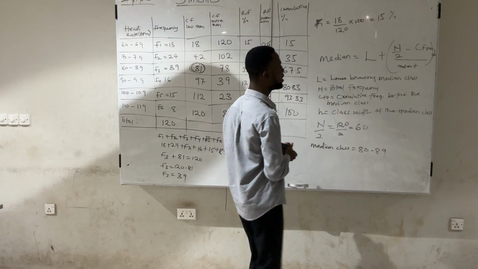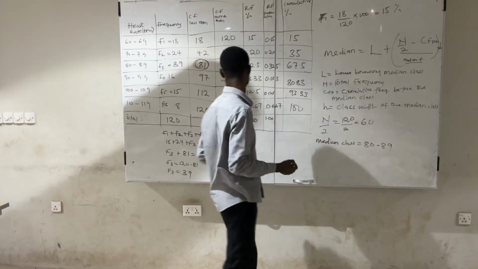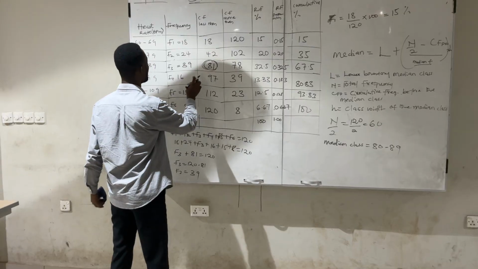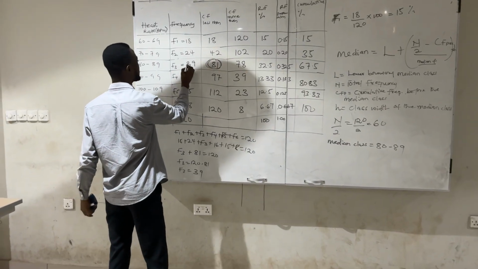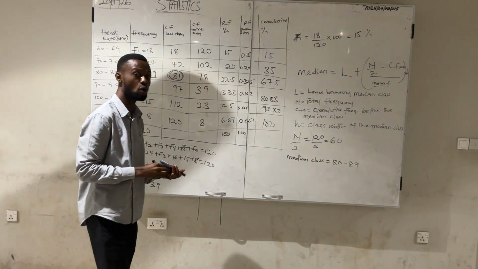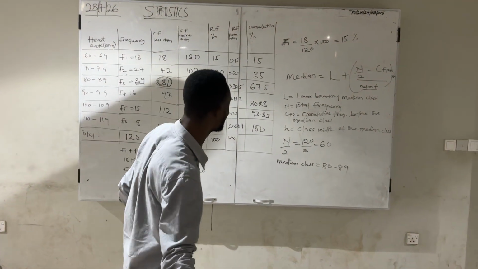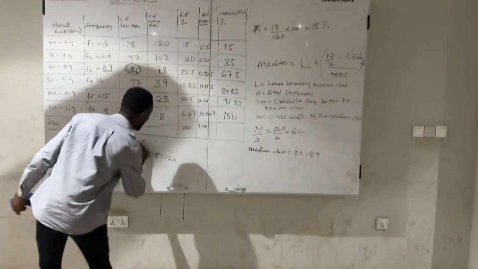Therefore, the median frequency: you take the frequency of the median class, which is 39. Okay, so now we are going to calculate the median. Good. So let's solve it here.